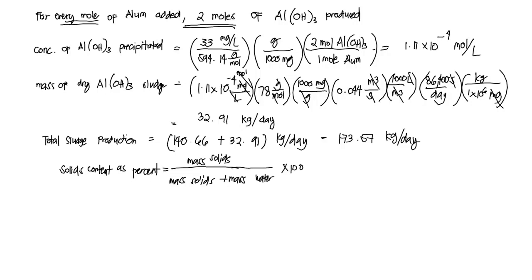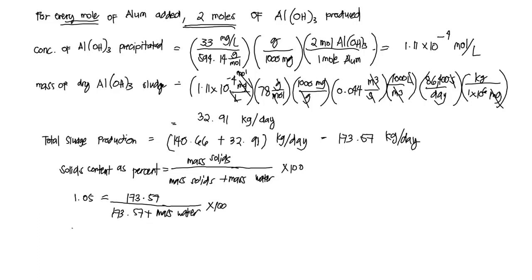Since we have 1.05 percent, just plug in: 1.05 is equal to the mass of solids, the total sludge production 173.57, over 173.57 plus the mass of water, times 100.